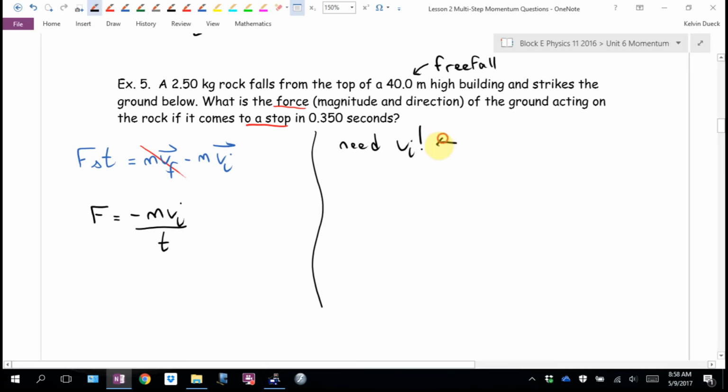VI, this is going to be VF at the bottom of the drop. VI, once you hit the ground, is VF at the bottom of your free fall. So I'm going to find V final in free fall, which is going to be V initial at the beginning of the collision, beginning of hitting the ground.